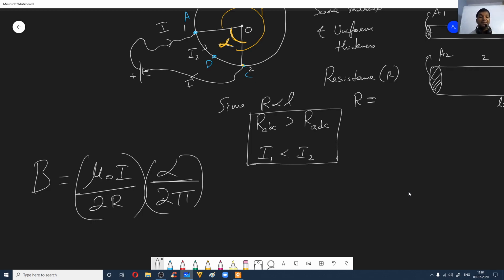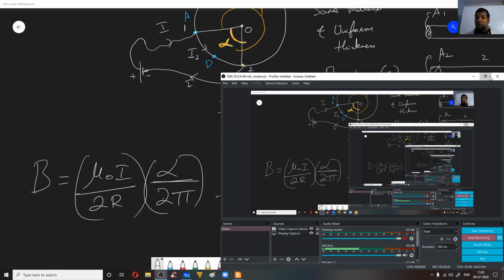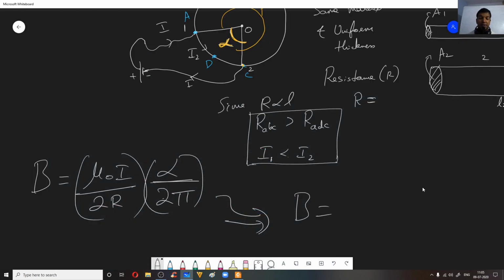So this result you can write as mu naught I divided by 2r times alpha divided by 2 pi.